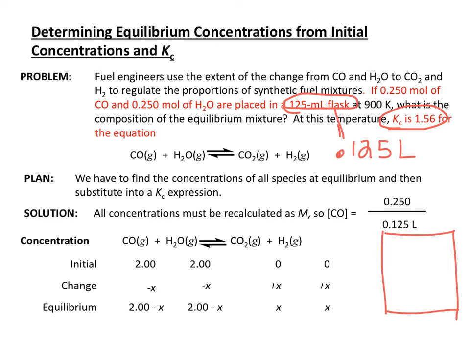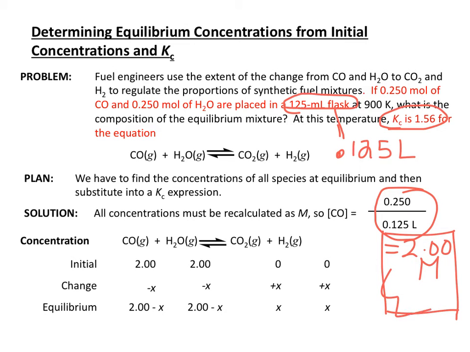And we start with 0.250 moles of carbon monoxide. You need to get that converted into concentration. So 0.250 divided by 0.125 comes out to be equal to 2 molar.